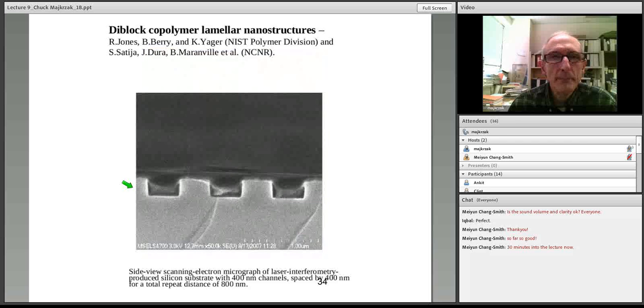So here's a simple example. These are grooves etched into the surface of a perfect single silicon crystal with a well-defined periodicity.